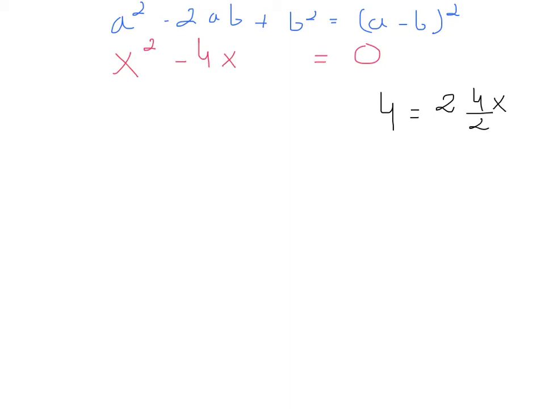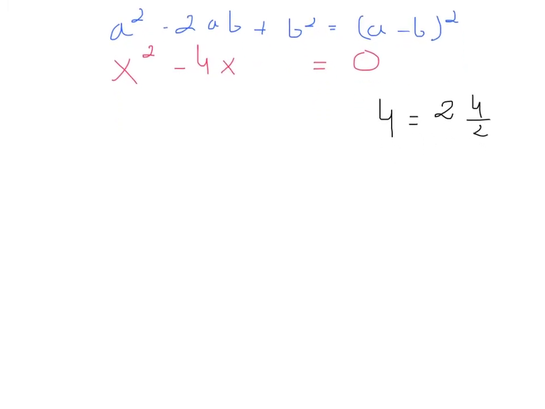I don't have x there, but let me just take x out and deal with the 4. It's the same thing, which is 2 times 2, right? So 4 equals 2 times 2. Okay, I can deal with the same thing here.